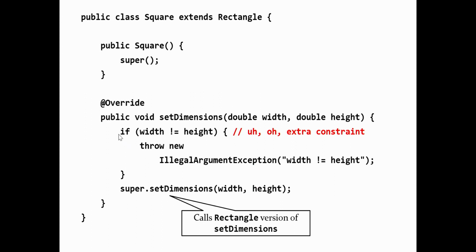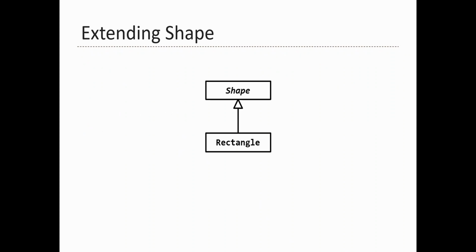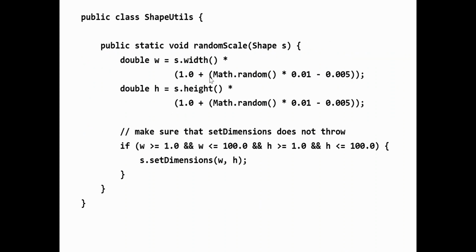Now, what's the problem here? The problem is that condition that we just added here. If the width and height are different, that's an error. So when you go back to this method here, which we are pretty sure is correct, this method computes a random width and a random height. Because they're random, they're almost certainly not equal.